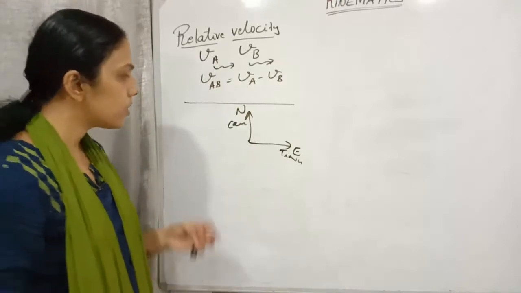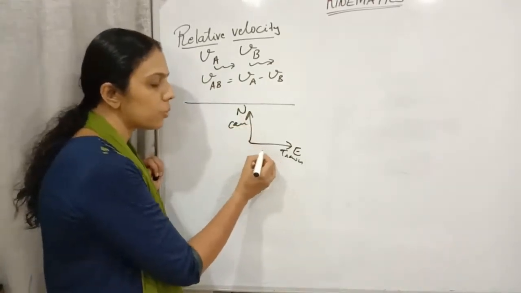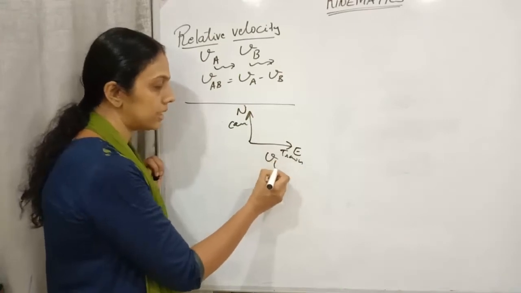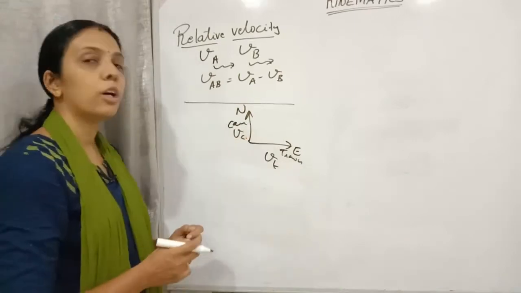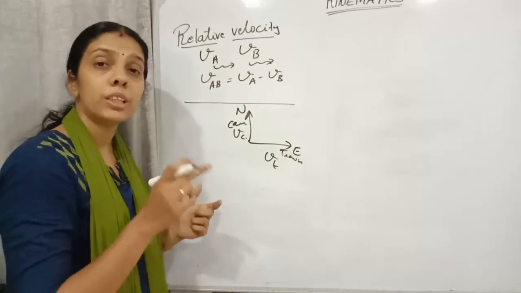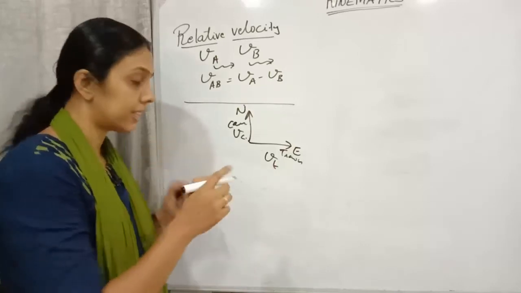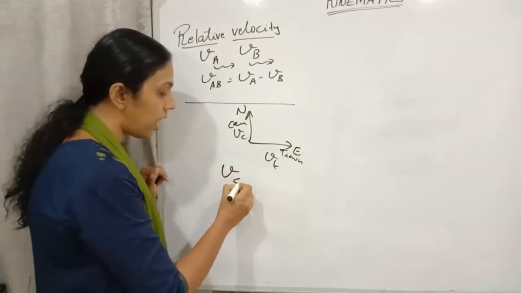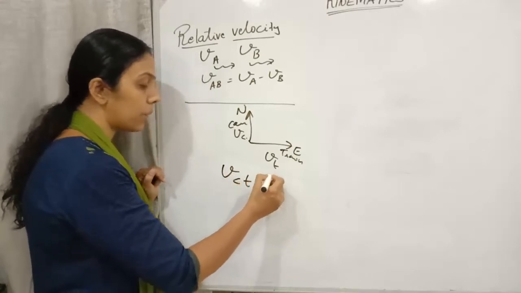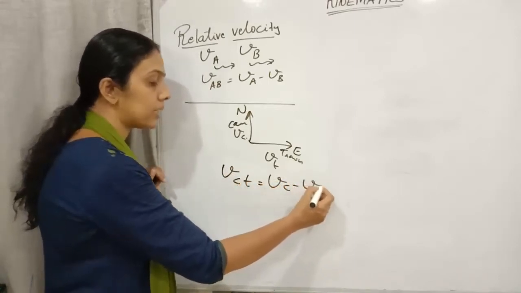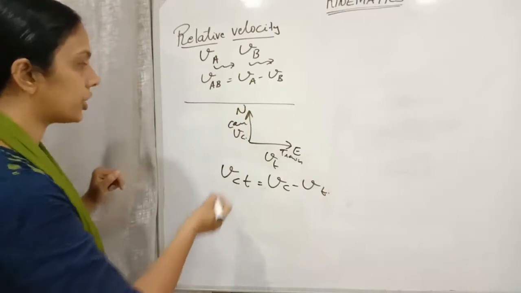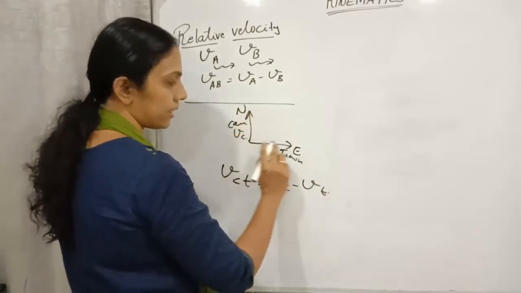So velocity of this is moving with some velocity Vt and this is Vc. The observed direction of car with respect to the passenger in the train. So velocity of the car with respect to the train will be Vc minus Vt. So what will be the direction? Vc is acting in this direction, Vt is in this direction.